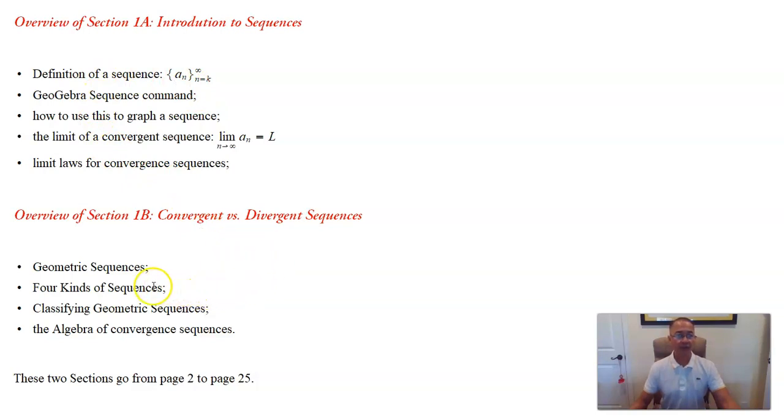So we will see that there are a total of 4 kinds of sequence. Some are convergent, and there are 3 kinds of divergences. We'll talk about geometric sequences, and we'll see that they basically fall into one of these 4 categories. So that's a good reason why we talk about geometric sequences in the context of these 4 kinds of sequences.